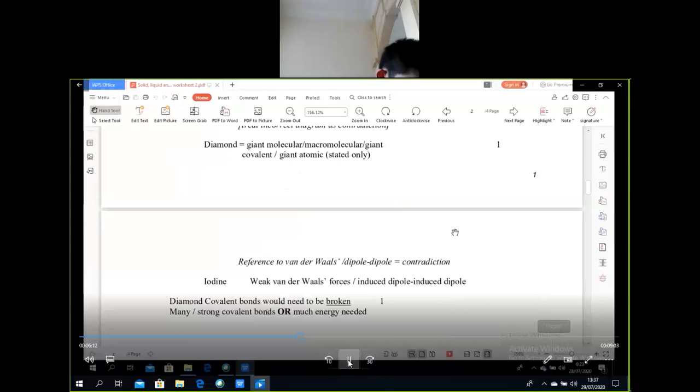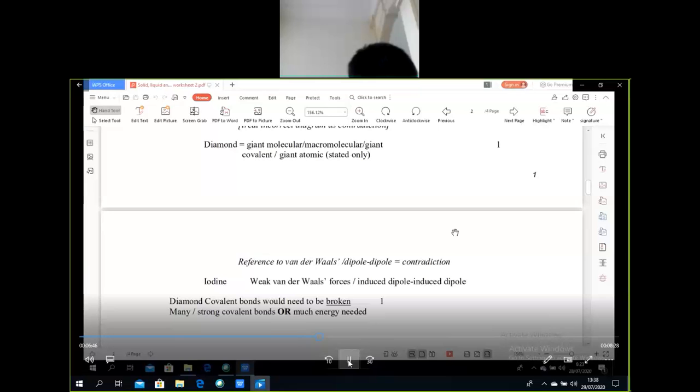And then iodine has instantaneous dipole forces, or weak van der Waals forces, or induced dipole forces, because the iodine molecule has no electronegativity difference. One iodine atom has a certain electronegativity and is chemically combined with the other iodine atom that has the same electronegativity value.